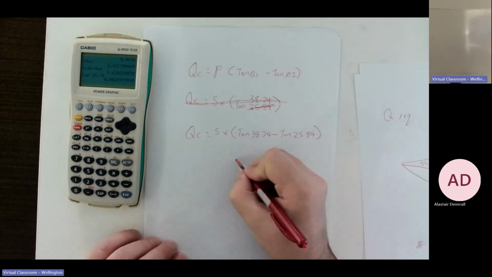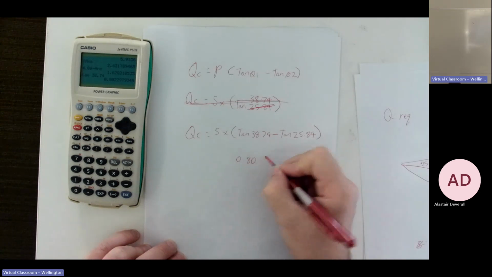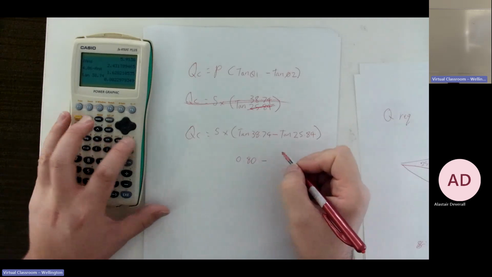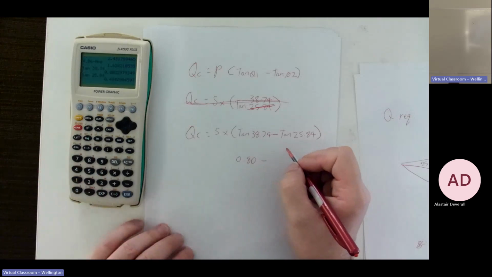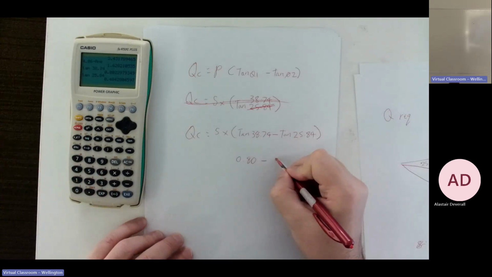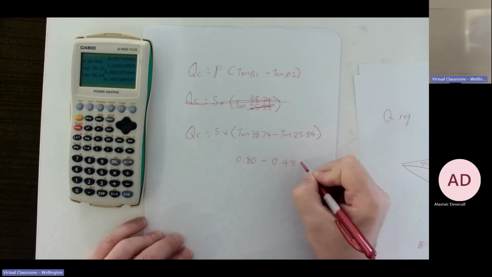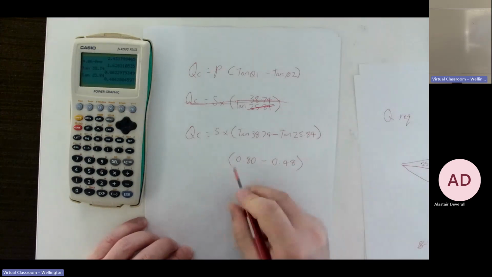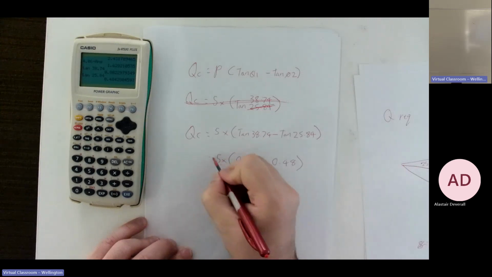we will get 0.802, so 0.80, minus our tan of 25.84, and we get 0.484, so 0.48 rounding off, and we have 5 times that.